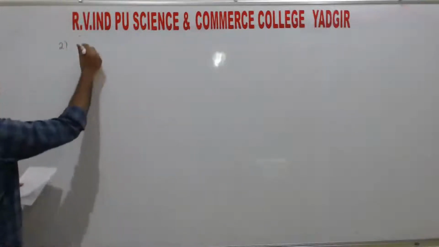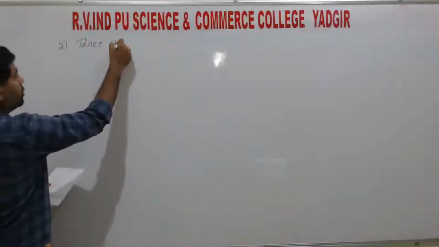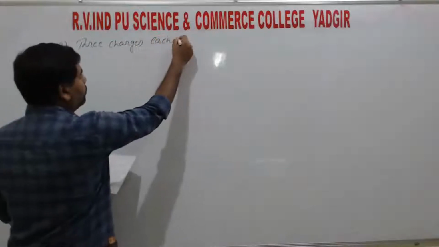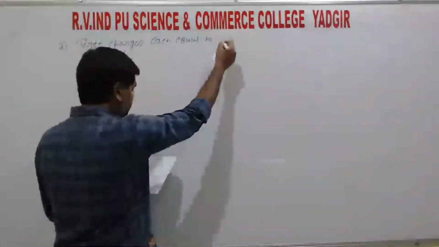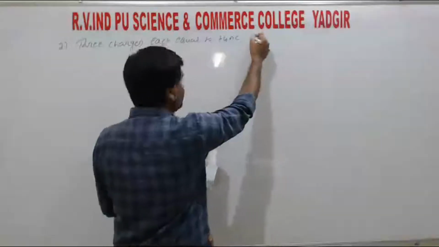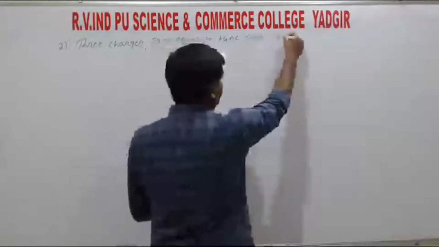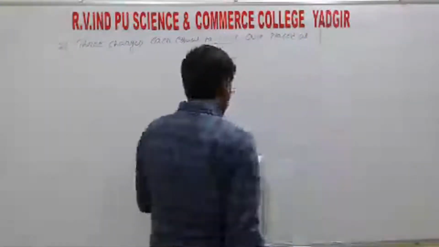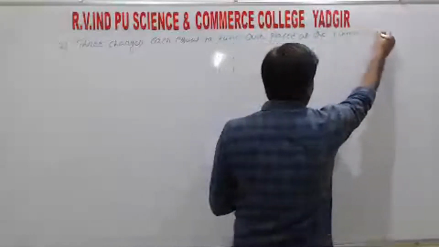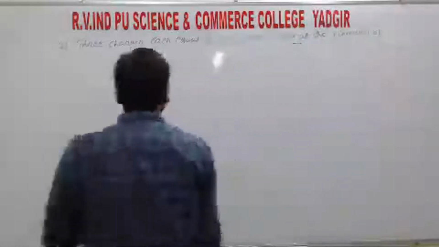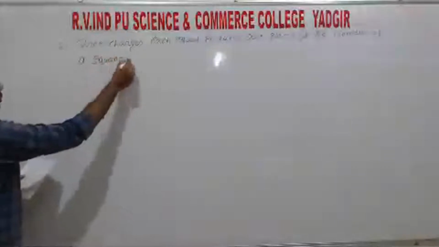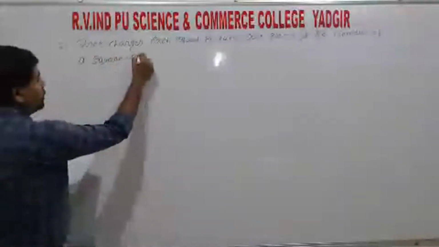Three charges, each equal to plus 4 nanocoulomb, are placed at the three corners of a square of side 2 centimeter.